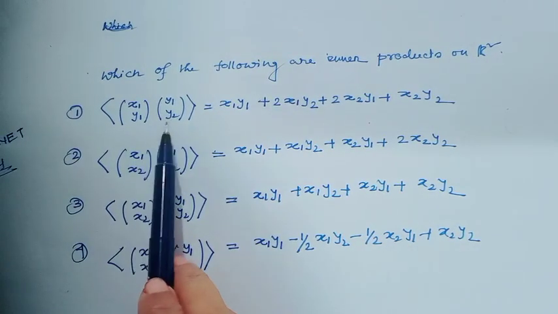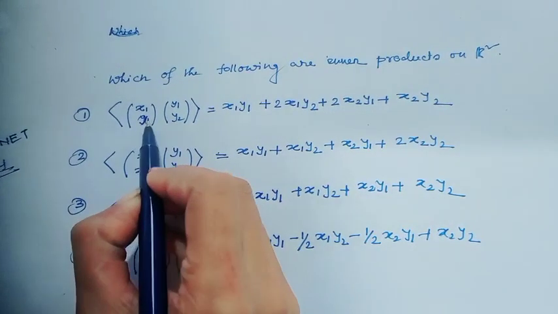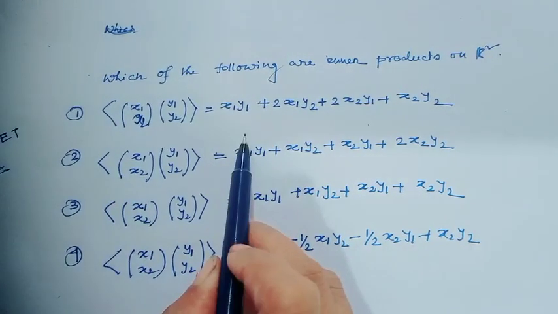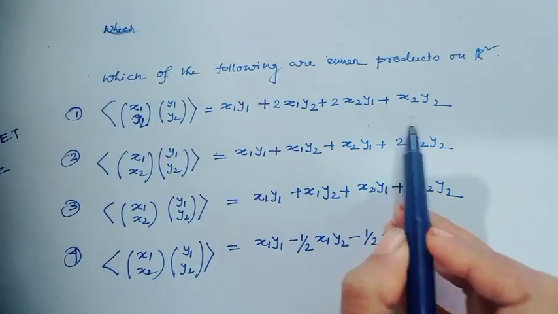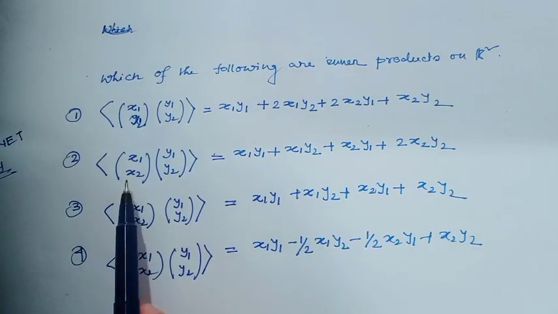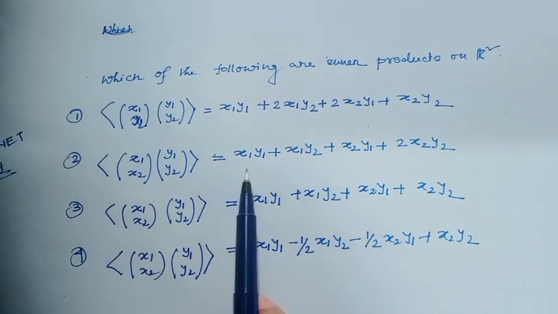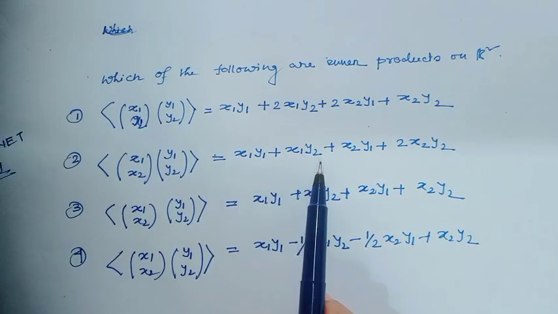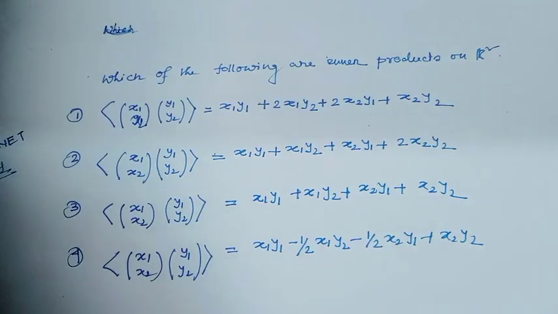Option 1: inner product of (x1, x2) and (y1, y2) equals x1 y1 plus 2 x1 y2 plus 2 x2 y1 plus x2 y2. Option 2: inner product equals x1 y1 plus x1 y2 plus x2 y1 plus 2 x2 y2.